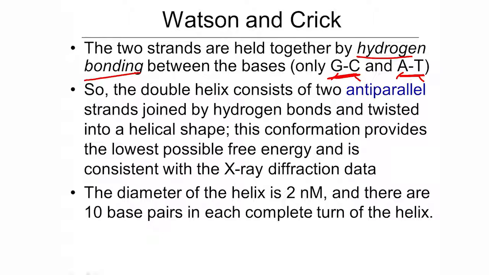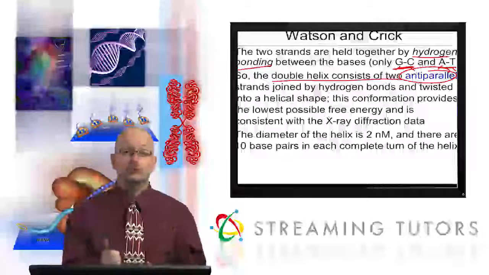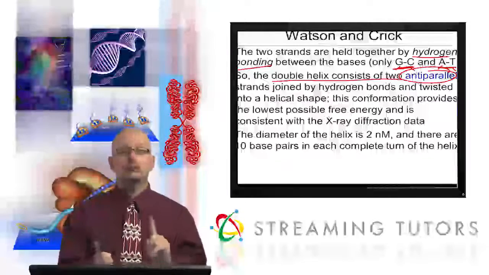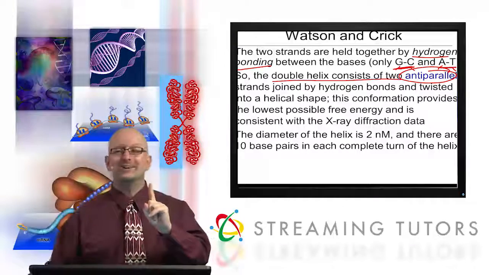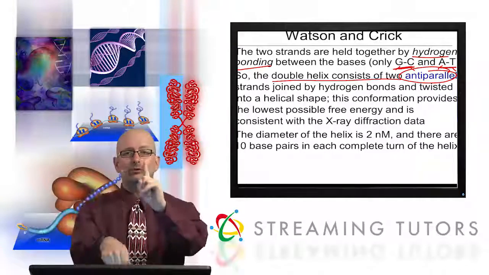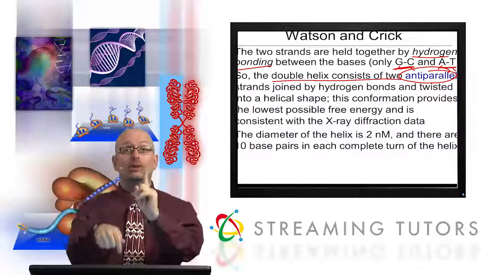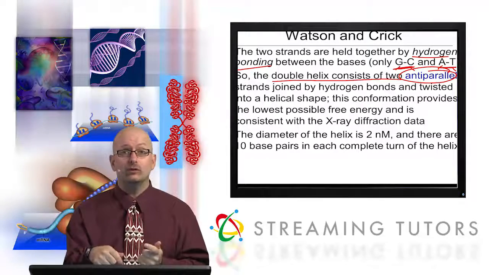So in summary, they said that the double helix consists of two anti-parallel strands. Anti-parallel simply means that if one strand is running in the 5' to 3' direction this way, the other strand is running in the 5' to 3' direction the other way. So it's almost like they're upside down in relation to each other.